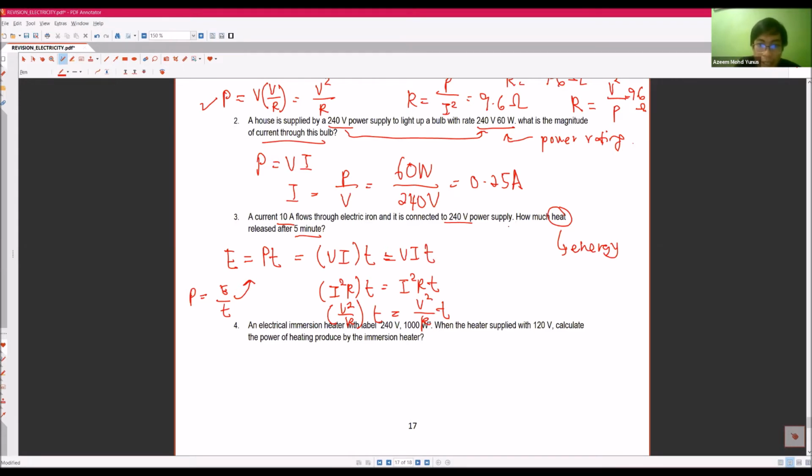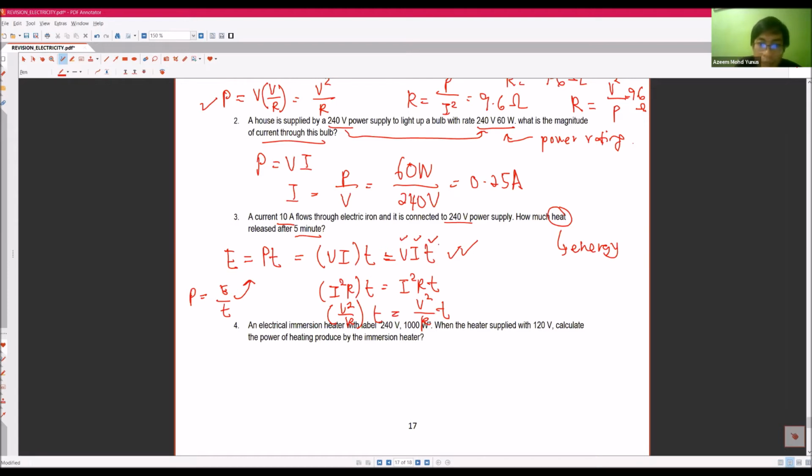In this case, you don't need to use all of them, it's specifically just one. So which one? This one, because we have current, voltage and time.